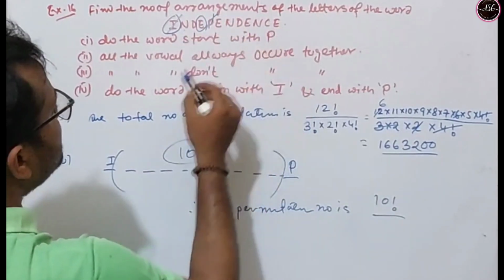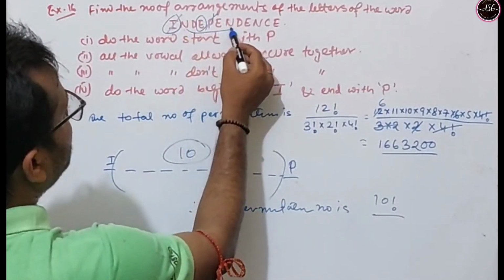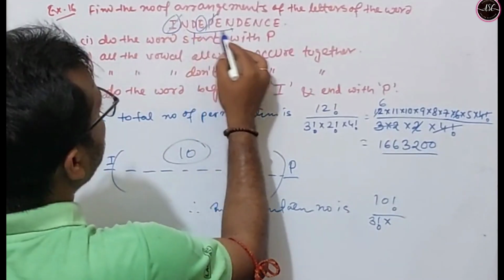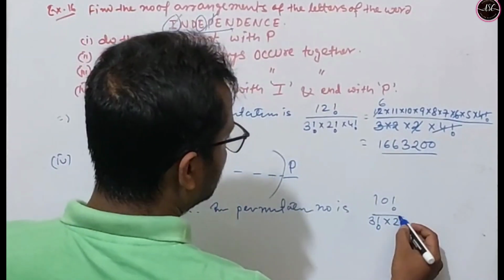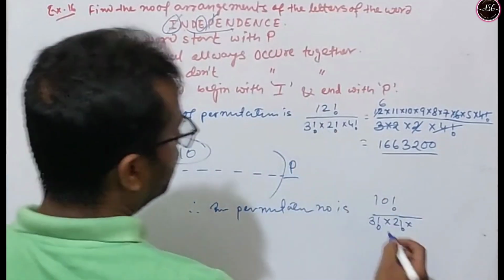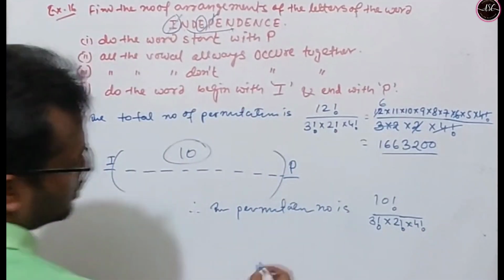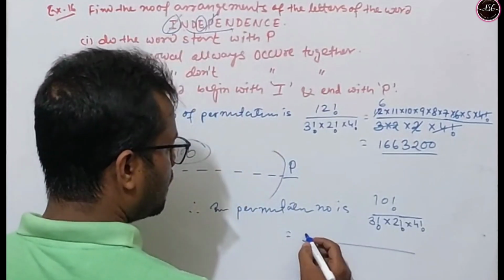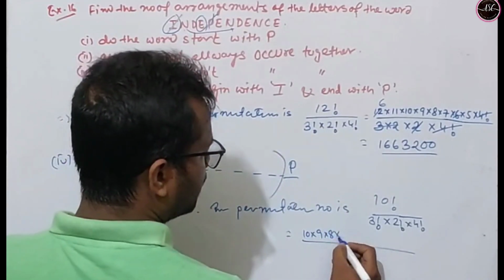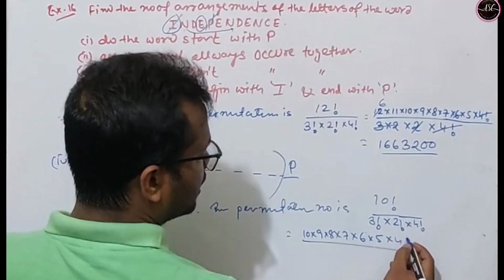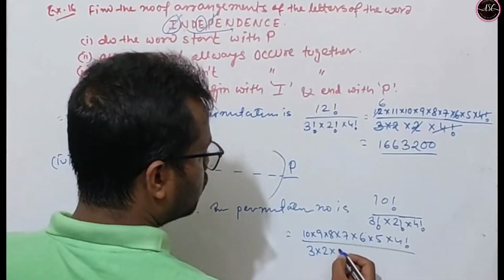So there are these 10 letters here. N occurred 3 times, that means 3 factorial, divided into D occurred 2 times. E occurred 4 times. And the rest do not occur several times. So just calculate this: 10 into 9 into 8 into 7 into 6 into 5 into 4 factorial divided by 3 into 2 into 2 into 4 factorial.